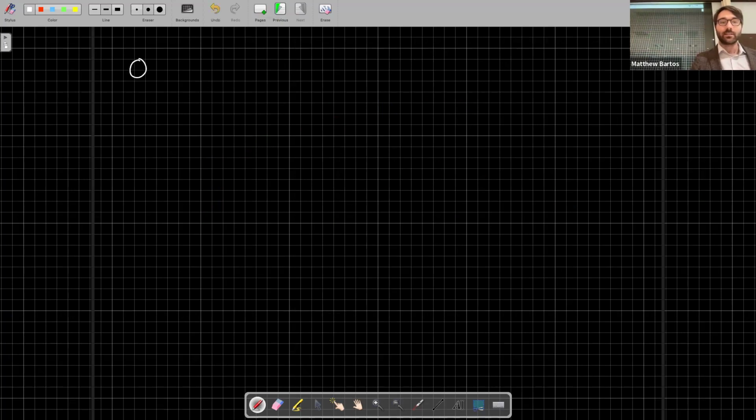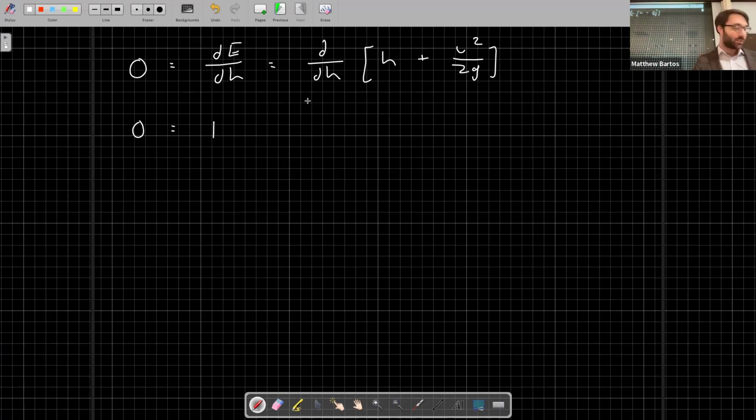So we have that 0 is equal to dE by dH, which is d by dH of H plus U squared over 2G. dH by dH is 1. And as we just found out, d by dH of U squared over 2G is equal to negative Q squared times the top width divided by g A cubed.